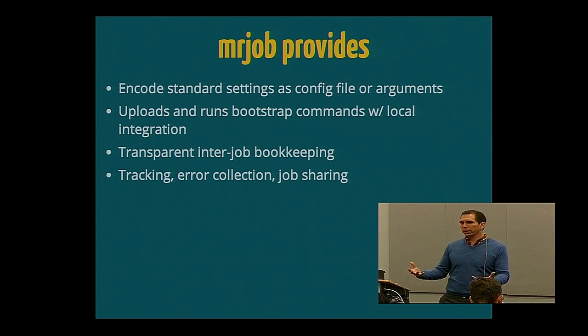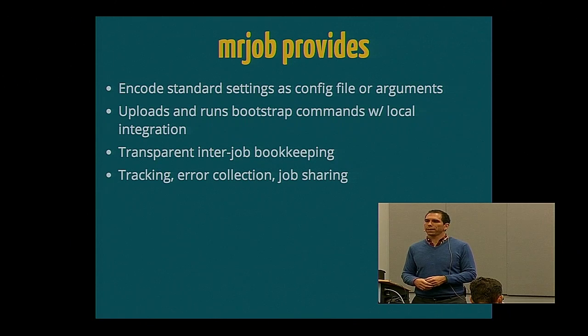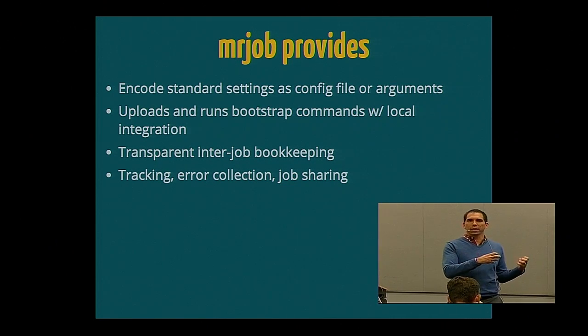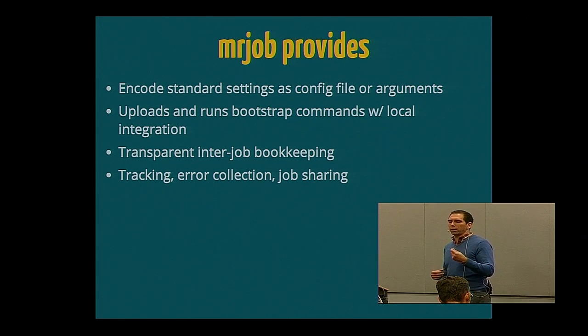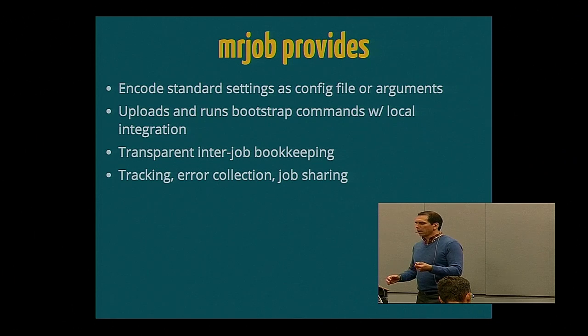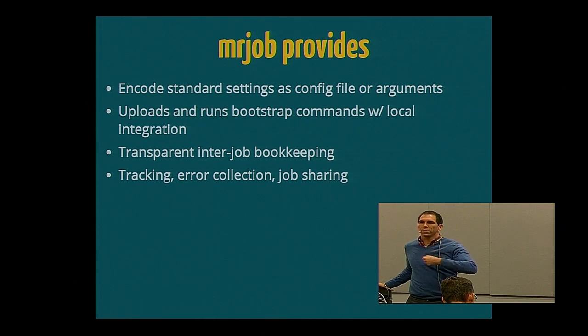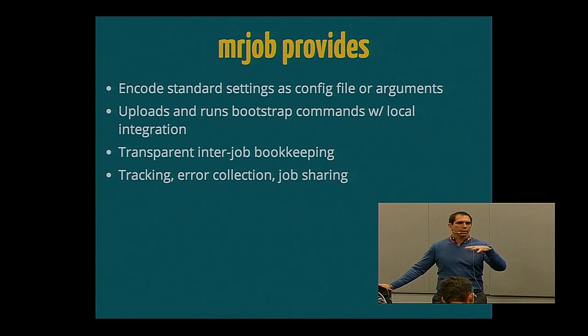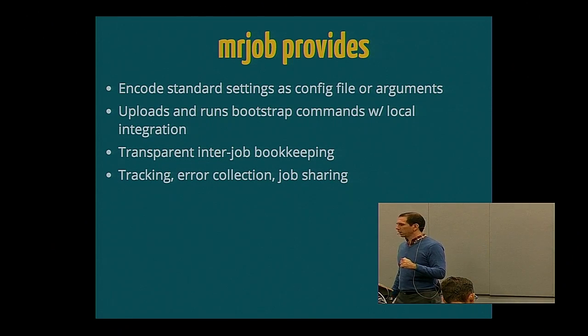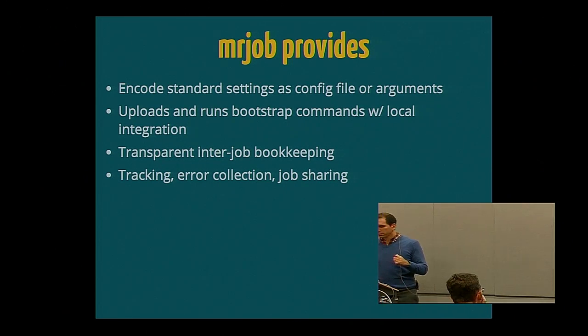It'll create a unique name in HDFS where it can store the data between MapReduce steps so that Hadoop can easily read from them. If you're ultimately storing or getting data from S3, for each MapReduce step you don't want to be transferring data back and forth to S3. You'd like to keep it local as much as possible. And so mrjob provides that bookkeeping for you.